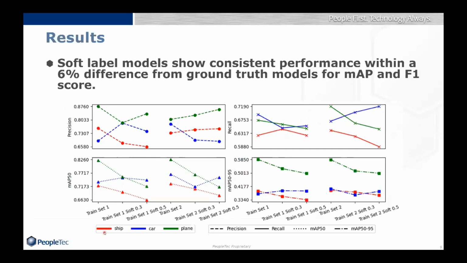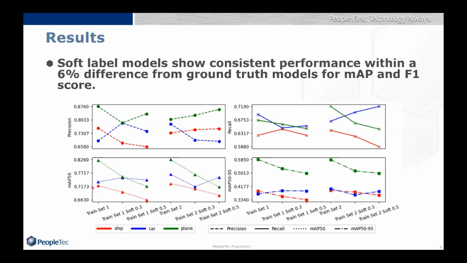We have the three classes: ship, car, and plane. And then we have a clarifying legend here about which metric is which. If we look at the mean average precision for planes in the bottom left here, you can see a drop from train set 1, to train set 1 soft label, and train set 1 soft label at 50%.